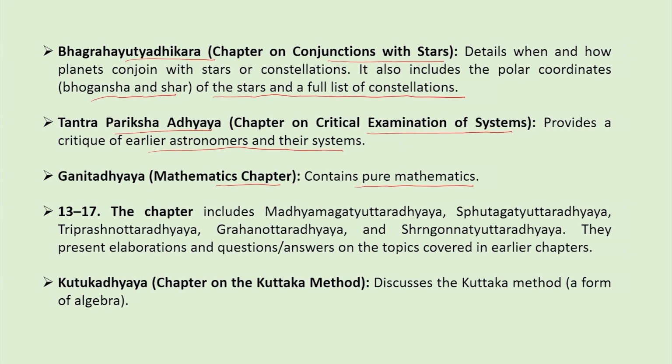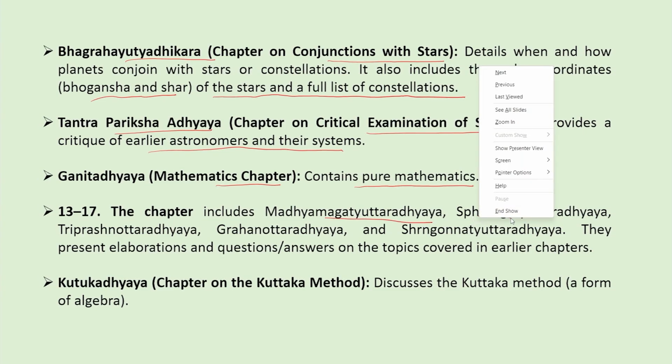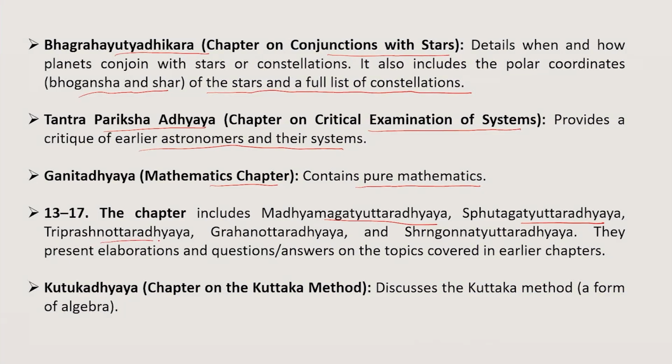Chapters 13 to 17 include Madhyam Gityuradhyay, Sphut Gatyuradhyay, Tri Prashnodhyay, Grahanottaradhyay and Shringonuttaradhyay. They present elaborations and question-answers on the topics covered in the earlier chapters.